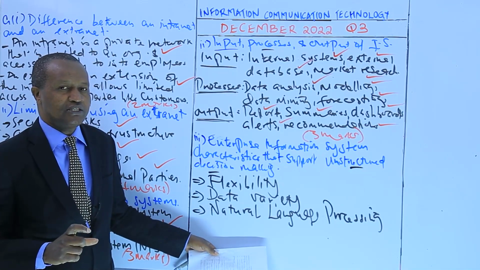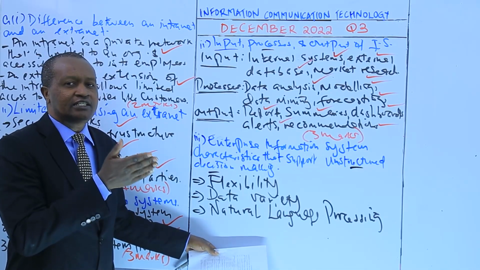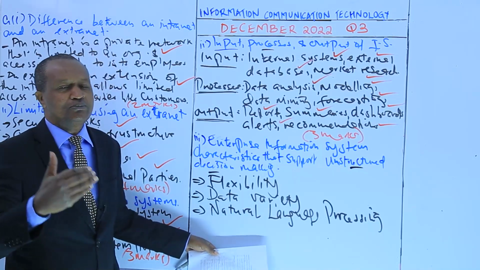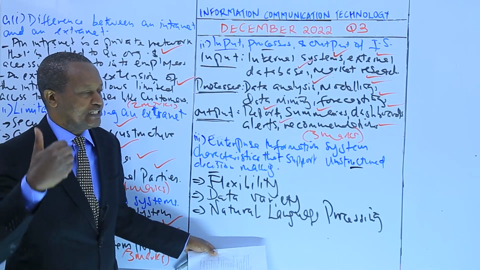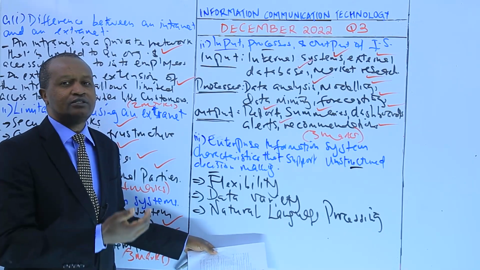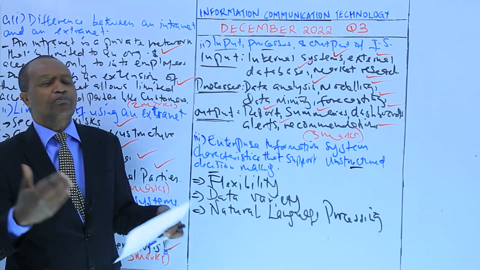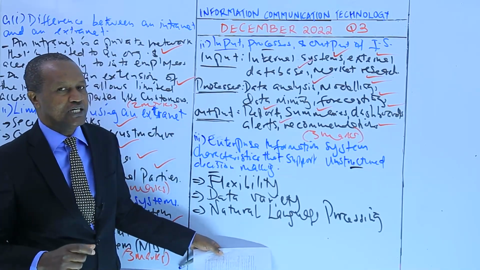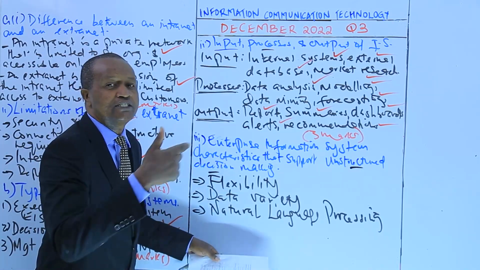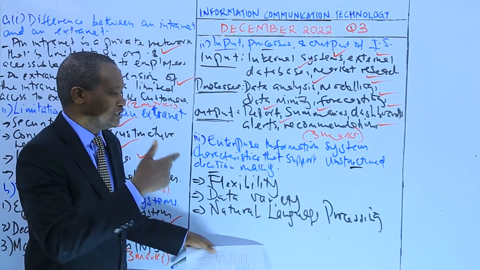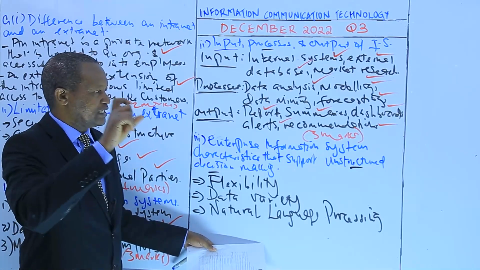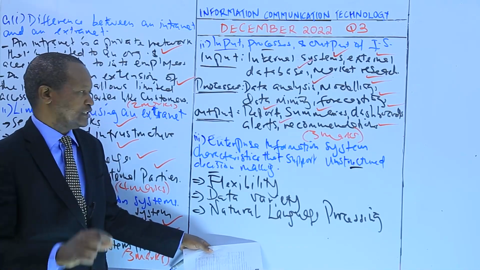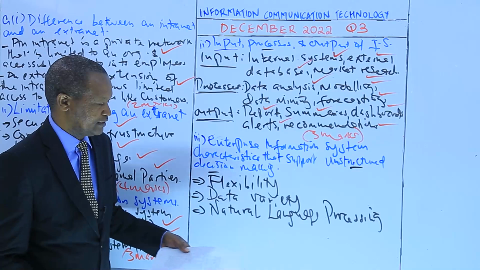Integrating the system with natural language processing capabilities allows it to understand and interpret human language, enabling users to input queries in natural language and receive the relevant insights. Natural language processing is the third characteristic of an information system that supports unstructured decision making.